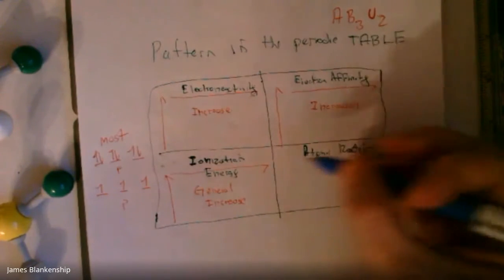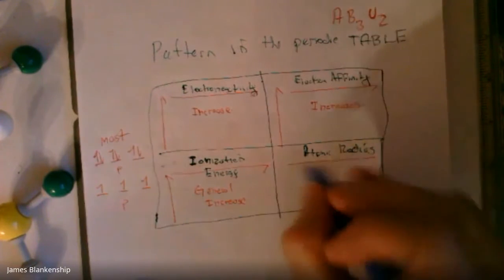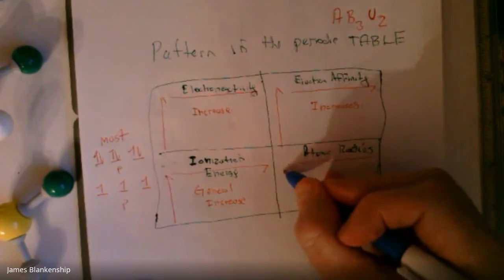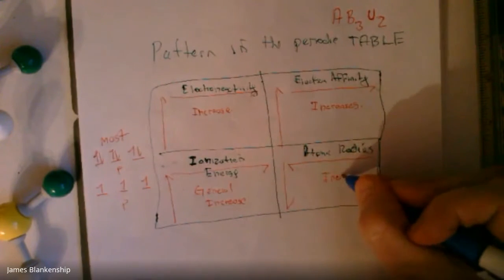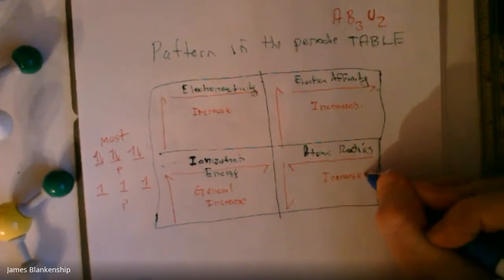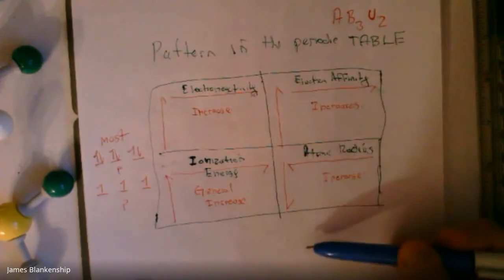Right, so this is the departure for our atomic radius. Our atomic radius increases opposite. It increases to the left and down.